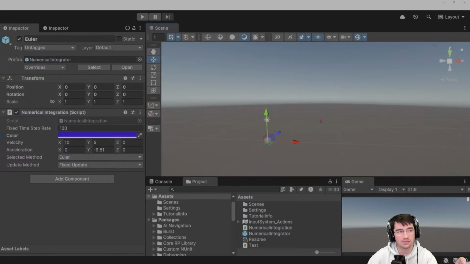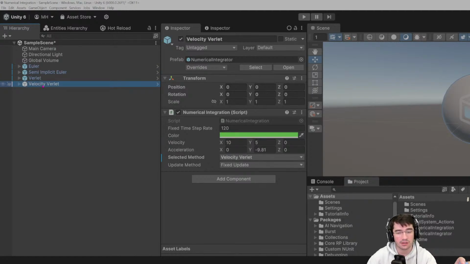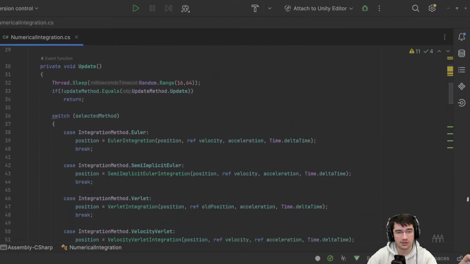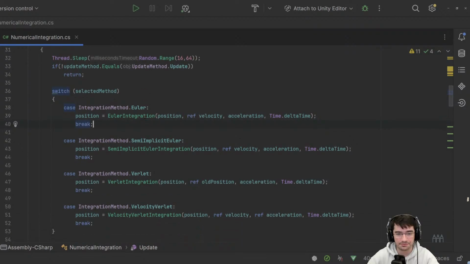So this little project has basically, and let me re-enable this one, 4 different methods to compare: Euler integration, semi-implicit Euler, Verlet and velocity Verlet. They are all in the same script, and based on the method that I picked, I'm using one or the other.